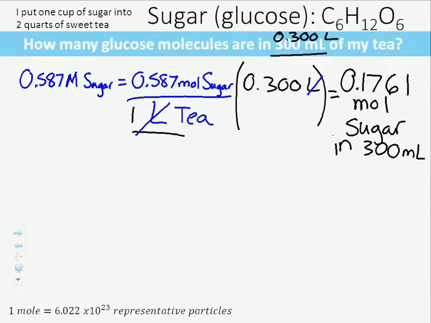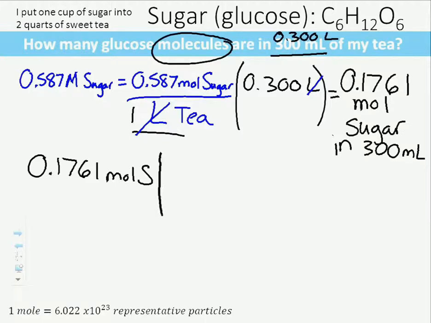So we're done. Almost. We asked for molecules. So now I need to convert from moles to molecules. So I have 0.1761 moles of sugar. Now, how do I get from moles to molecules again? 1 mole of sugar is equal to 6.022 times 10 to the 23rd molecules of sugar.